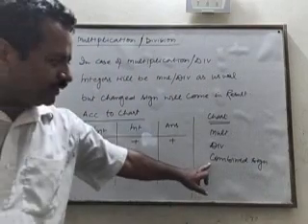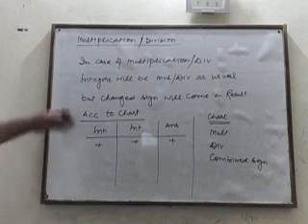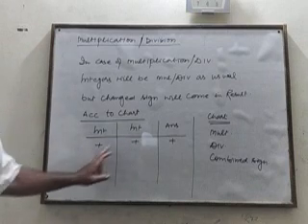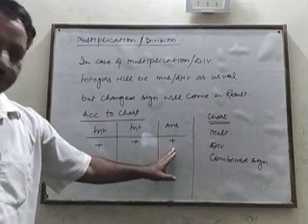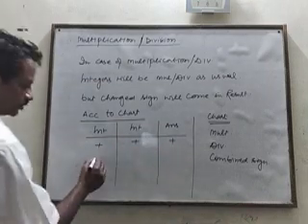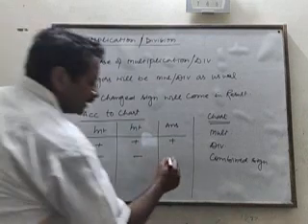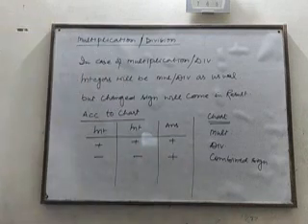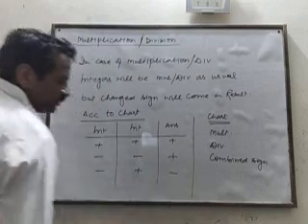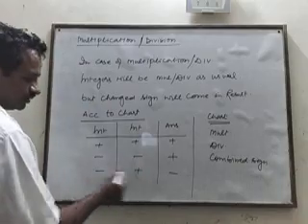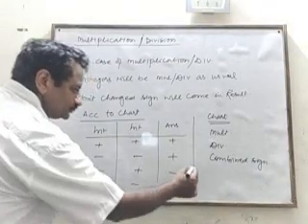We will discuss combined sign also, what is the meaning of combined sign. If both the integers you are multiplying are positive, then after getting the answer, plus sign will be there. If both the integers are negative, after multiplication, again the sign will be plus. If one is negative and the other is positive, then minus will come.